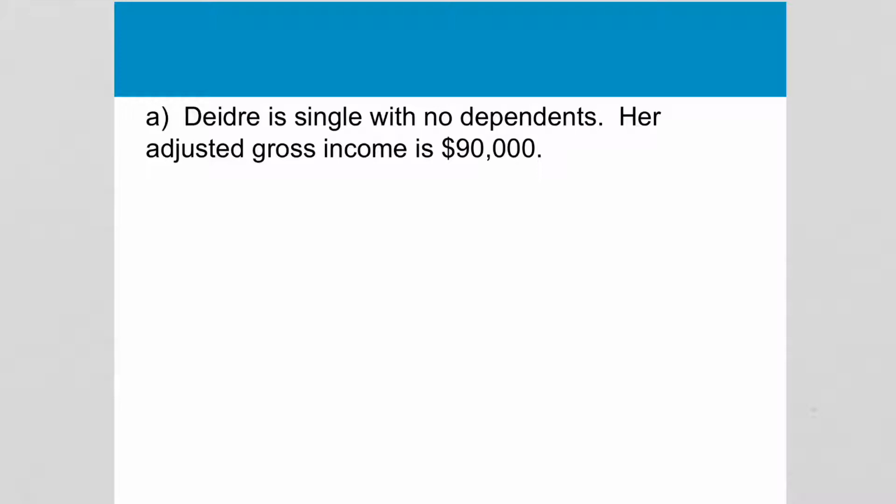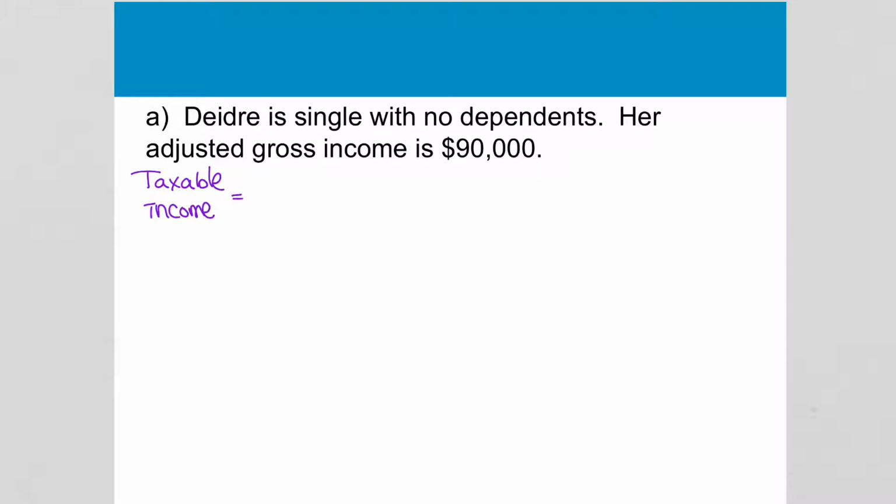So Deidre is single with no dependents. Her adjusted gross income is $90,000. Okay. So first, we find the taxable income. We'll do this every time.